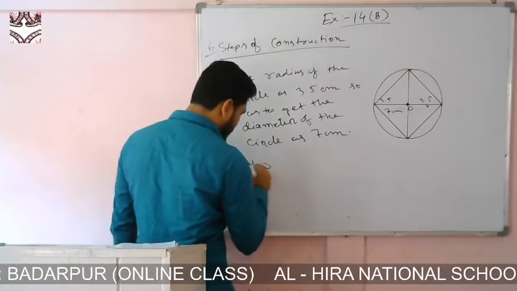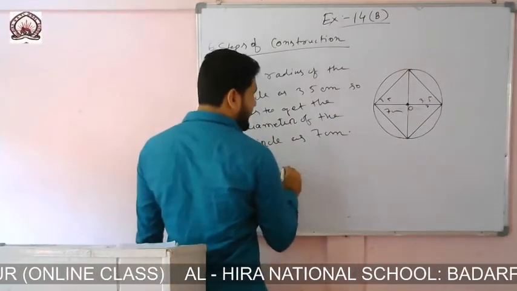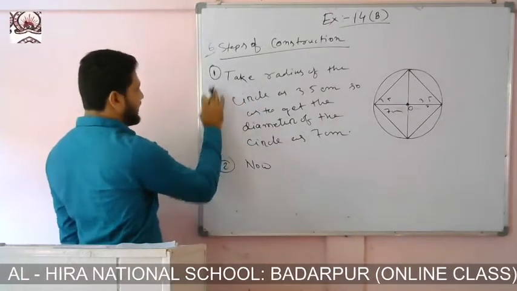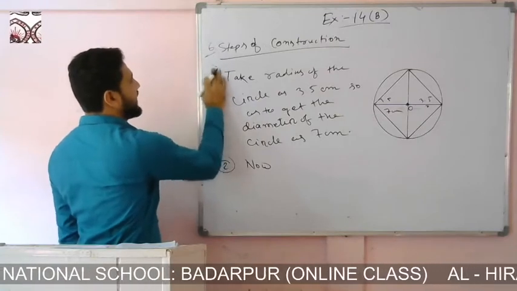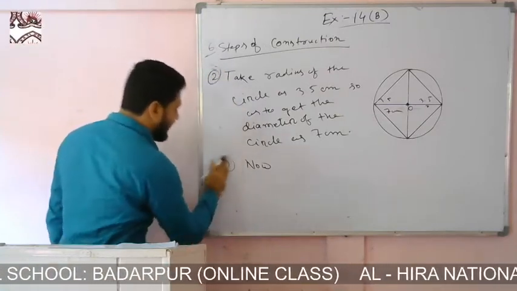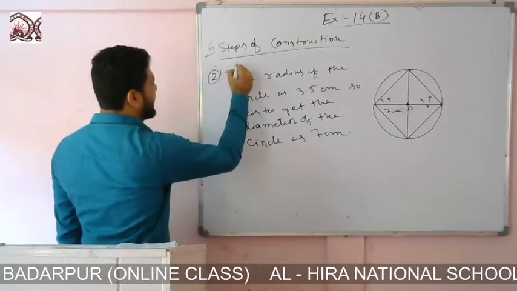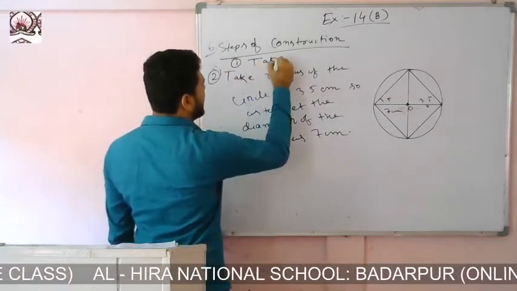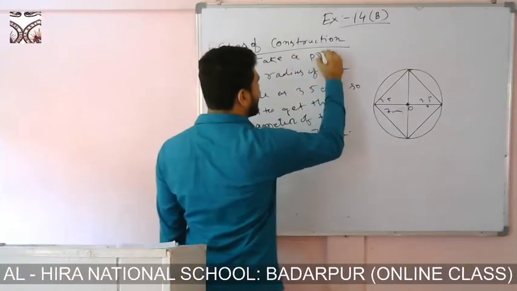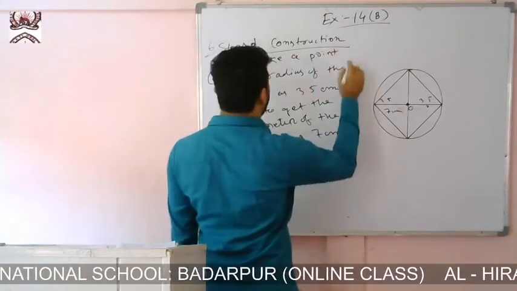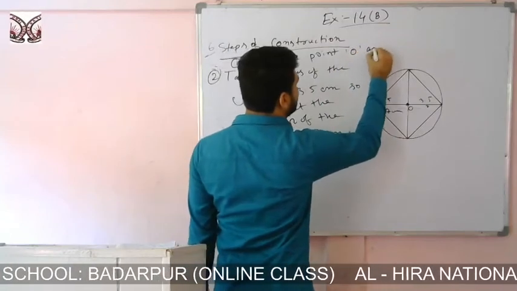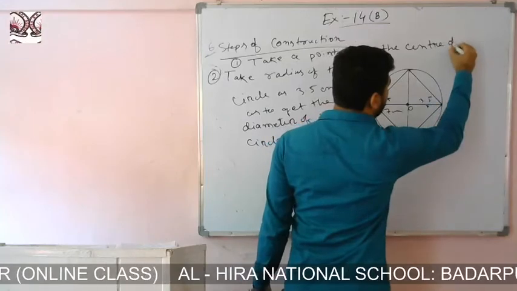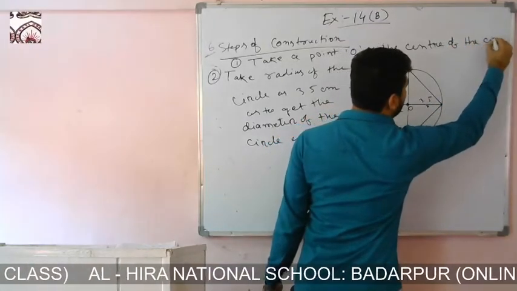Now you see step 2. Before this one you make it step 2. First you write step 1 like this: take a point O as the center of the circle.